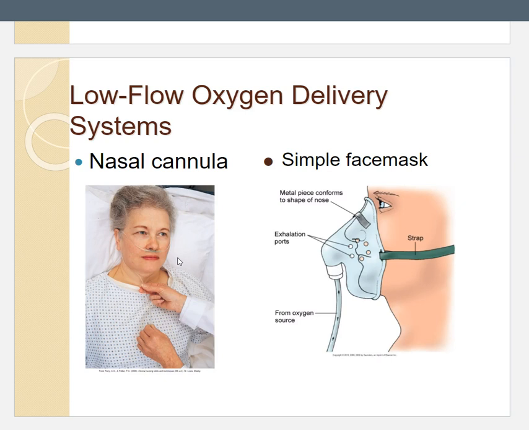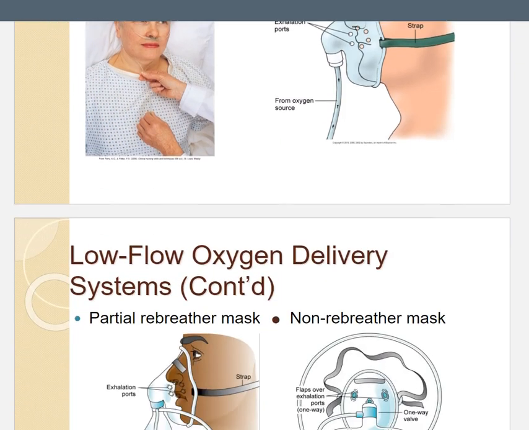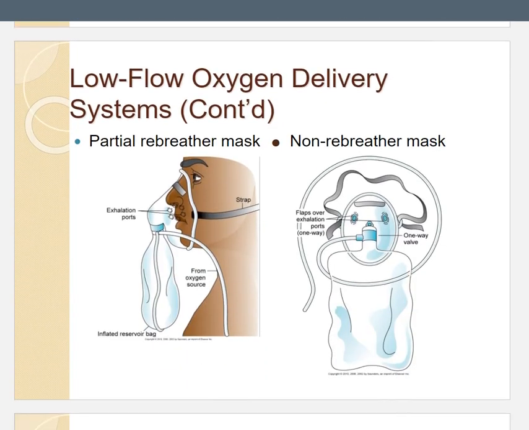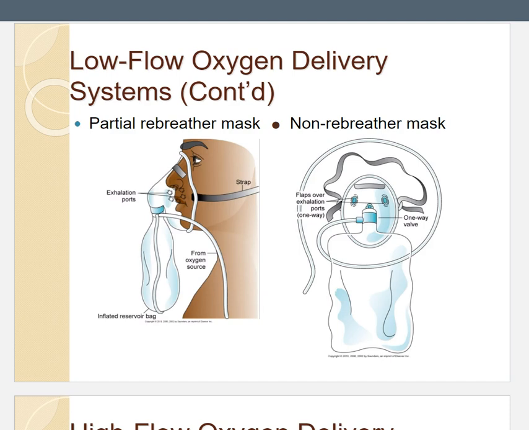Again, just make sure your simple face mask fits properly, okay? We're still continuing with low flow oxygen deliveries, and the next one is a partial rebreather. As you can see, that equipment is a little bit more complex than a simple face mask.